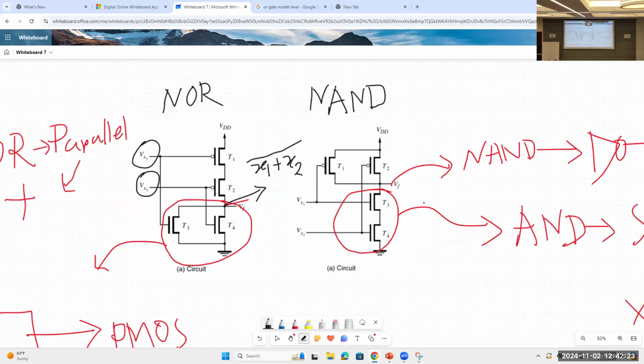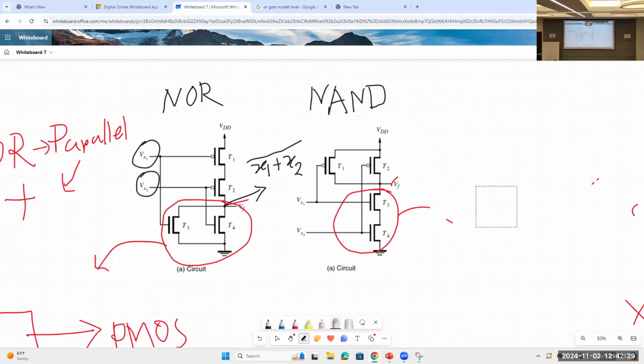And in this case, what do we get? We have not proved it yet, but it is simple. If you analyze all the combinations and match the output, you will see that the output of the circuit will match with the NAND truth table.